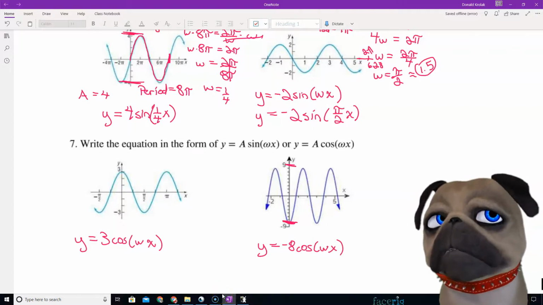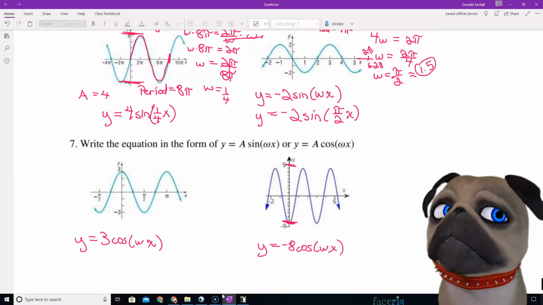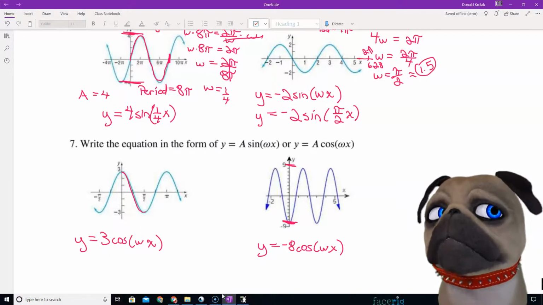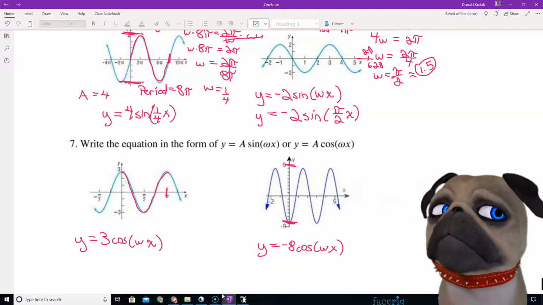Now let's figure out what the period is here, and then we can get the frequency. One cosine cycle looks like it takes until pi before we see 1.